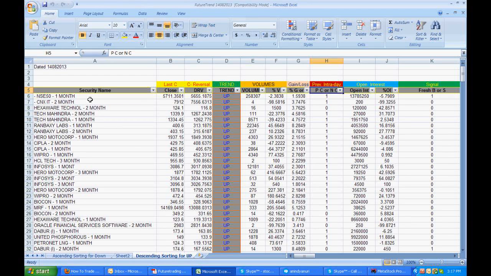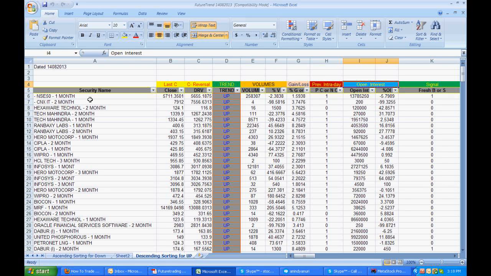PC is the positive candle, NC is the negative candle. In this row, PC is 1 and NC is 0. This tells me the quality of the movement on the previous intraday.